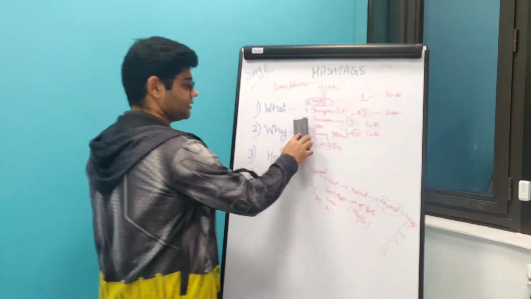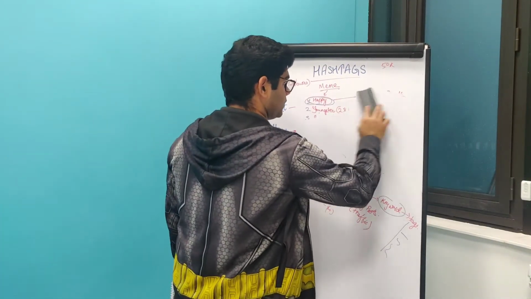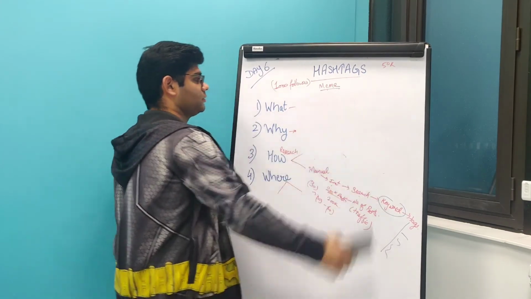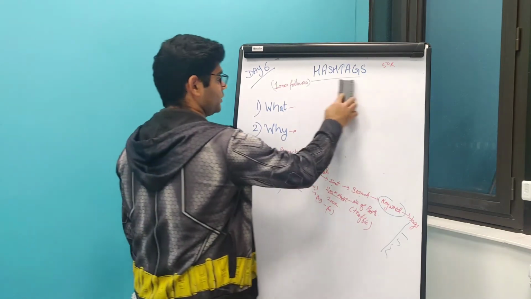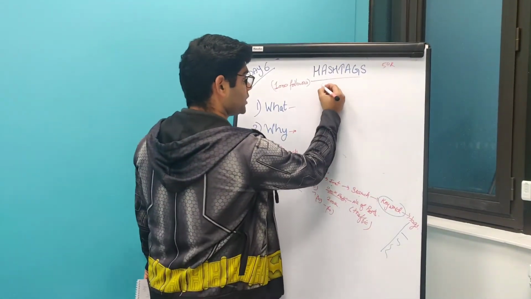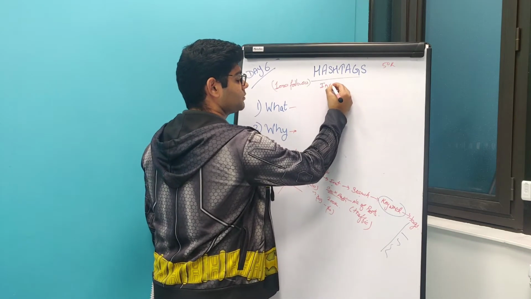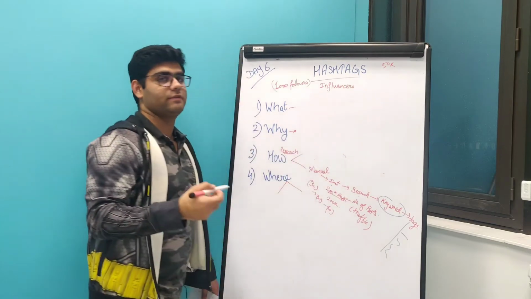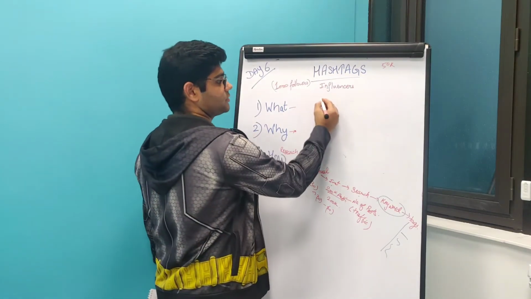Let's take another example now. Most of the people in here, not me, are into influencer, right? So you guys want to be influencers. If you want to be an influencer, influencer is 1 keyword.